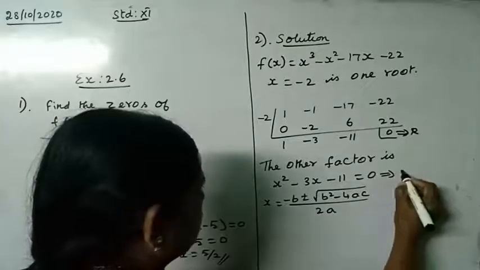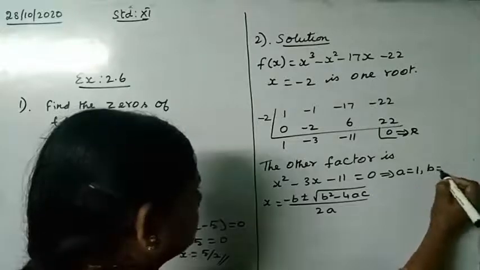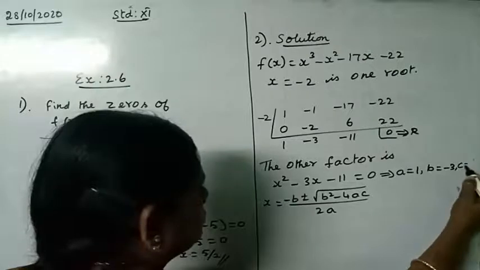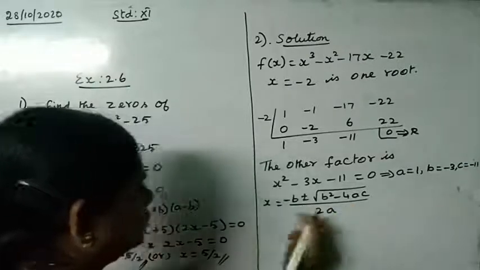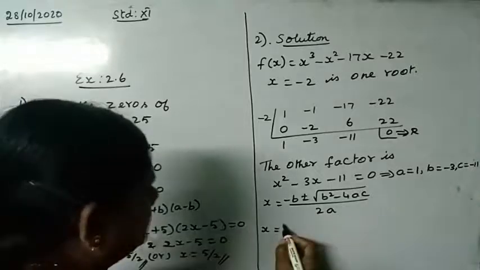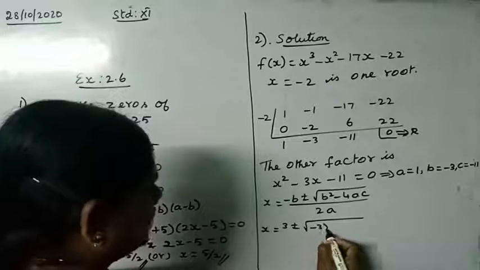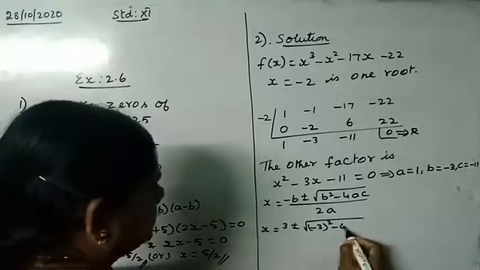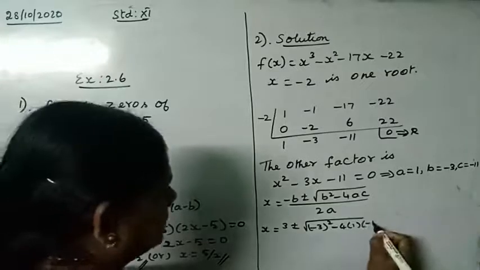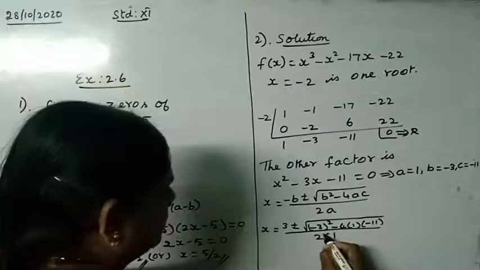Here a is equal to the coefficient of x square, 1, b is equal to the coefficient of x, minus 3, c is equal to minus 11. Now if I substitute here, x is equal to minus of -3, that is 3, plus or minus square root of -3 the whole square minus 4, a is 1, c is minus 11, by 2 into 1.